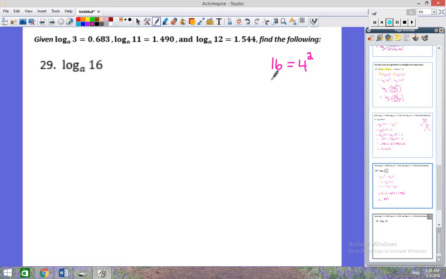So then all of a sudden I recognize, okay, I've got it, because log base a of 4, which is 12 divided by 3 squared. Okay. By the power rule, this 2 comes down out in front, and I've got 2 times the log of this fraction.